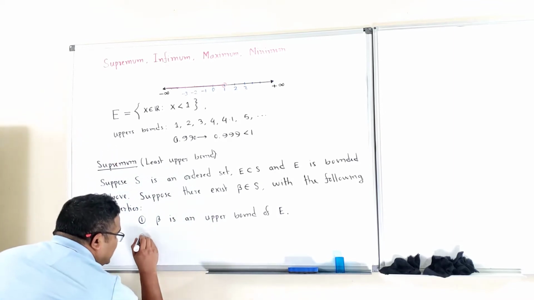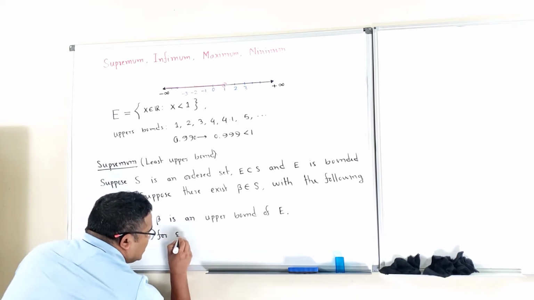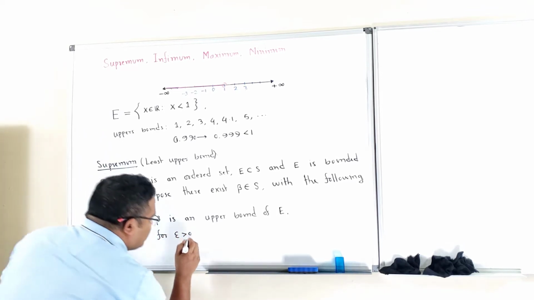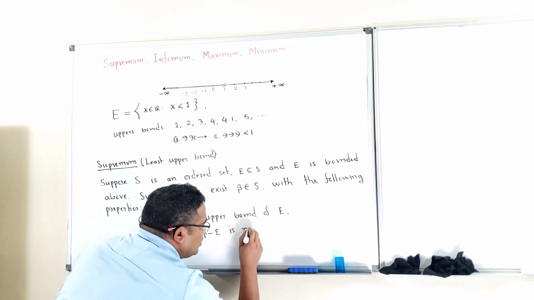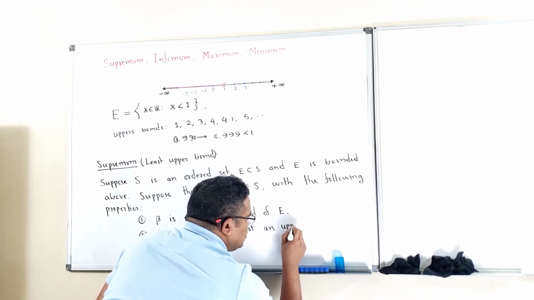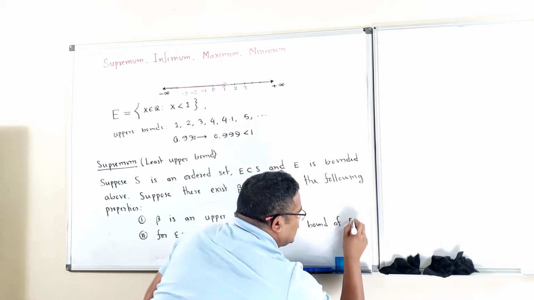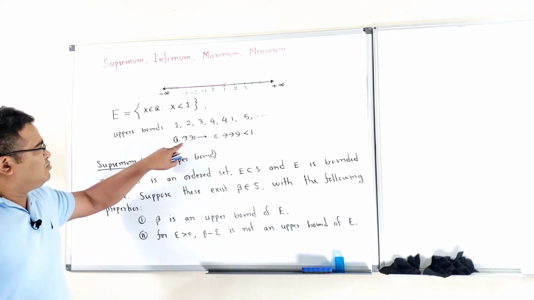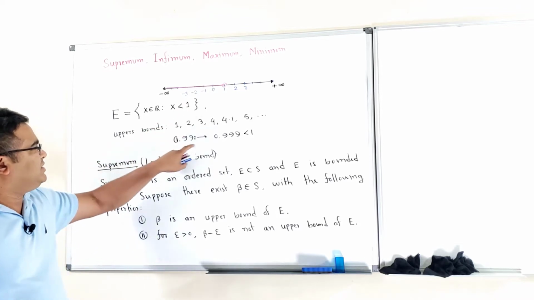And the second condition: for epsilon more than 0, beta minus epsilon is not an upper bound of the set E. Like here, if we consider epsilon equal to 0.01, then if you subtract 0.01 from 1, you will get this number.